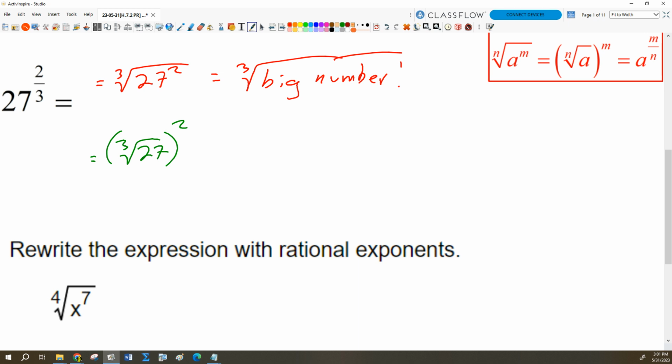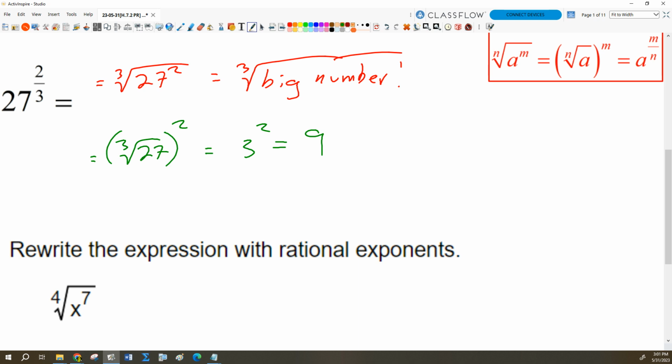Neither one of those things is intuitively obvious to do, so that's not a great move. The bottom one, on the other hand, is a great plan because what's the cube root of 27? 3 squared is 9, easy.